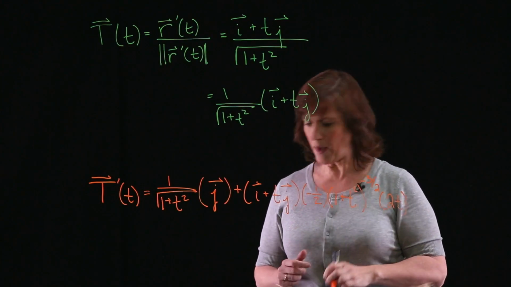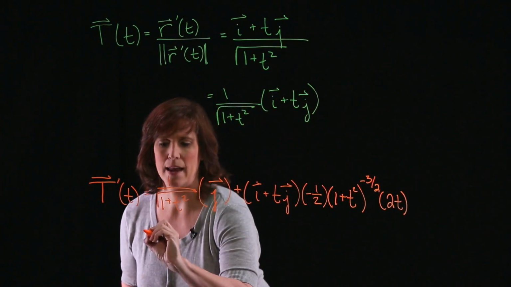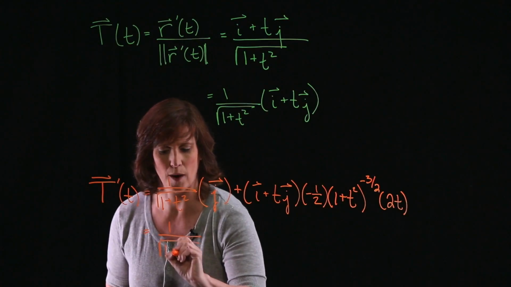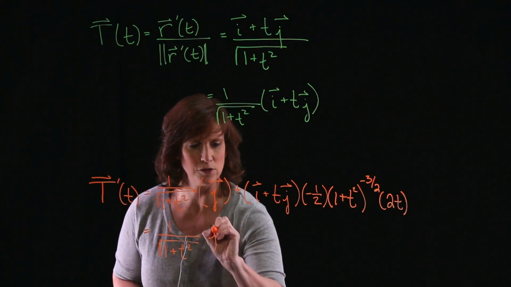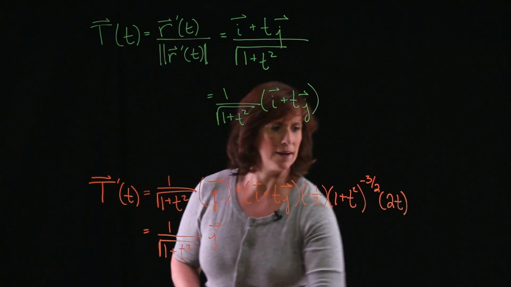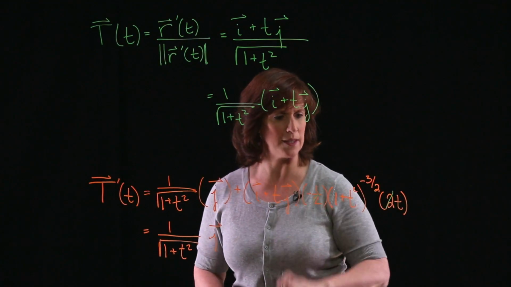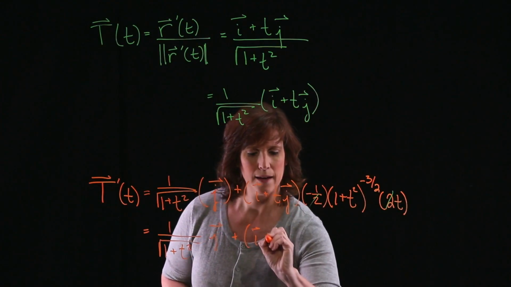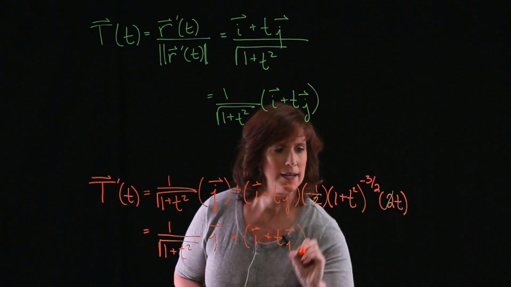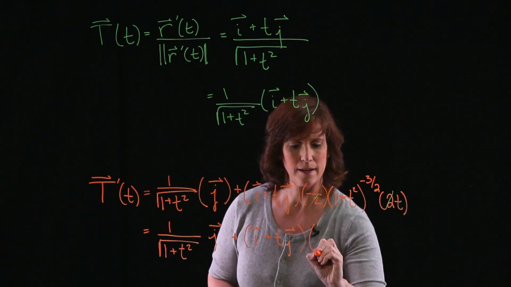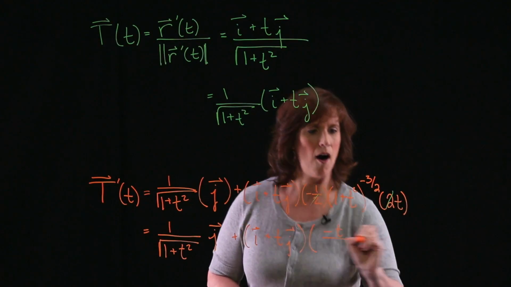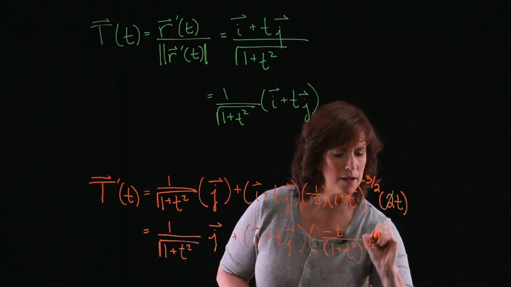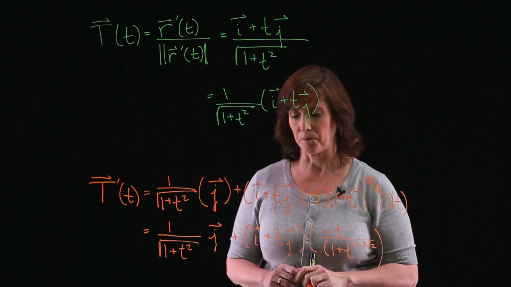times 2t. Okay, I can do some simplifying here, and I'm going to end up with 1 over the square root of 1 plus t squared times my vector j. And here, this 2 will cancel with this one, and I'll end up with i plus t j times minus t all over 1 plus t squared to the 3/2 power.